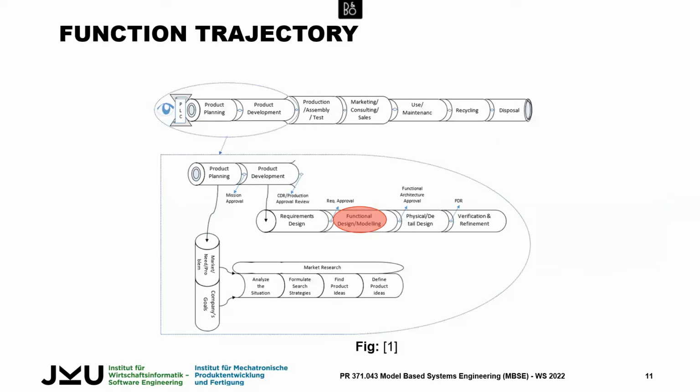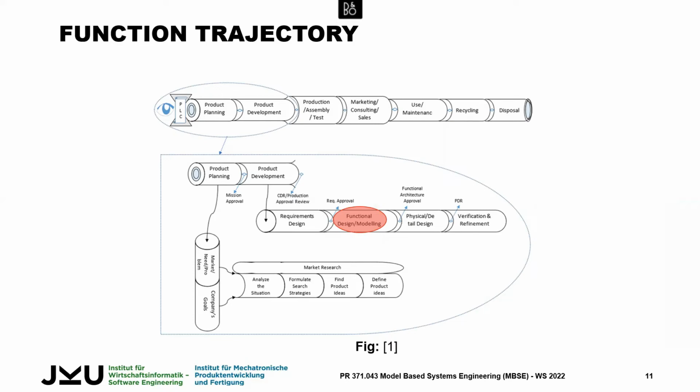Okay, so now is the function trajectory. Where does the functional architecture actually come from? If we consider the PLC, the product life cycle, it is normally product planning, product development, production and production assembly test, marketing, maintenance, recycle, and disposal.